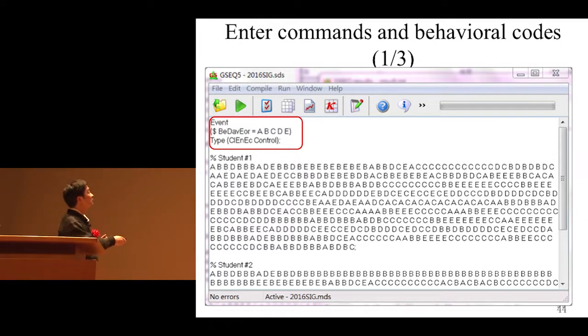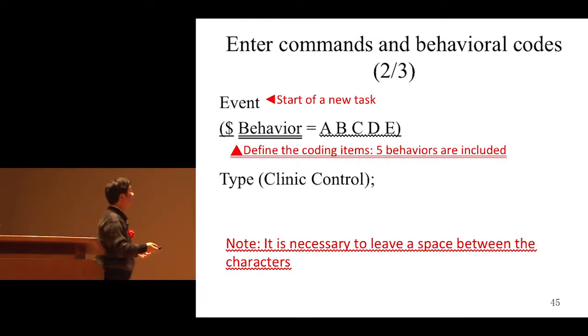First of all, we need to declare that we have 5 behaviors, A, B, C, D, E. This is the log of student 1, the sequence of the behavior. This is student 2, student 3. We can just put all of the student behavior in a sequence.